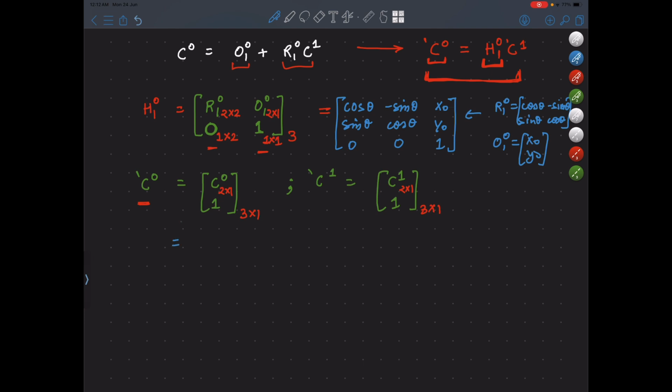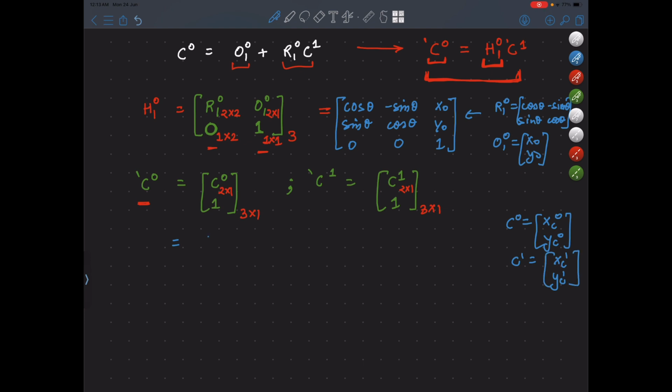And what will be the homogeneous coordinates? Let's say C naught is x C naught, y C naught, and similarly C1 is x C1, y C1.